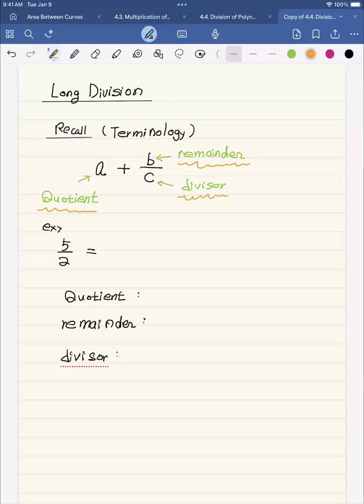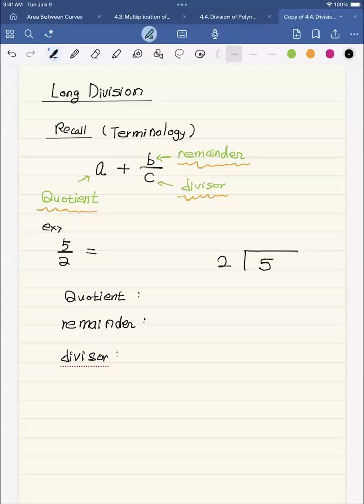Let's go through the long division with 5 over 2. When we do a long division, we write short vertical line here and a little bit longer horizontal line here. And the number located under this horizontal line will be what's in the numerator. On the left side, we will locate what's on the denominator.